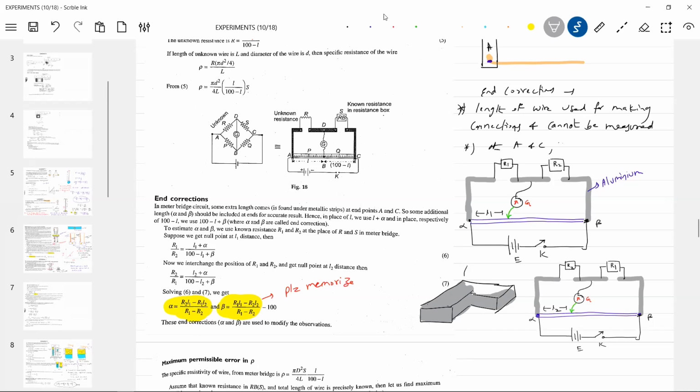They could have gone for circular, but again, fixing it to the meter bridge would be a big problem. That's why they have gone for this rectangular shape. So by increasing this area, they can decrease the resistance of this particular thing. And both should be identical. One more condition: both should be identical and the balance point should be exactly at the midpoint.